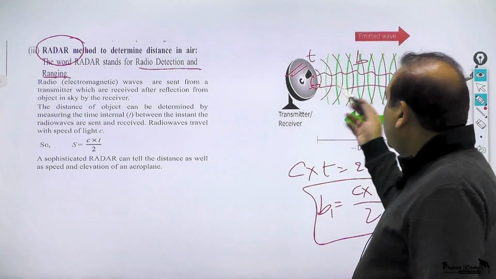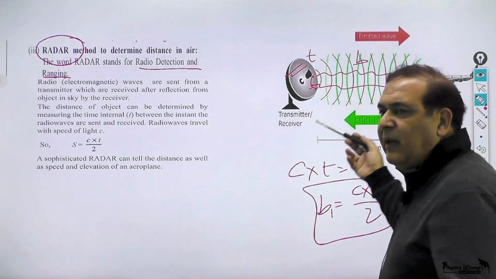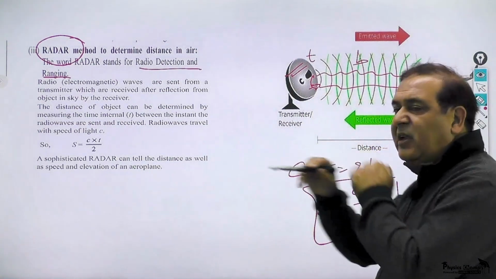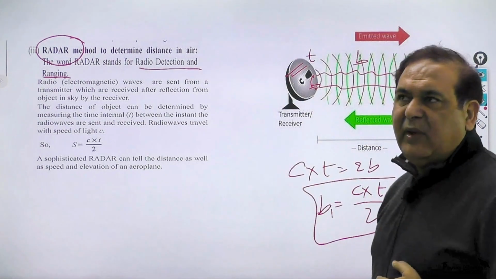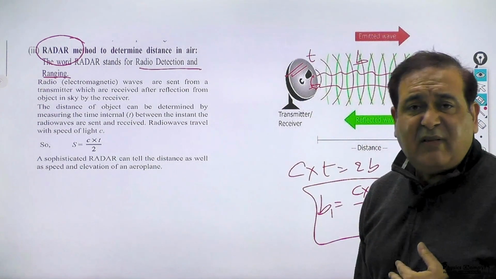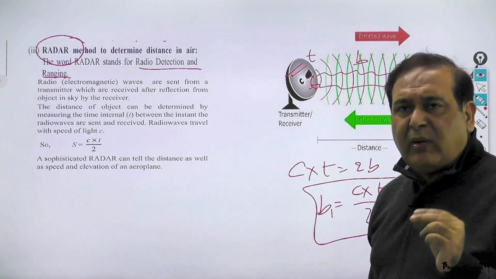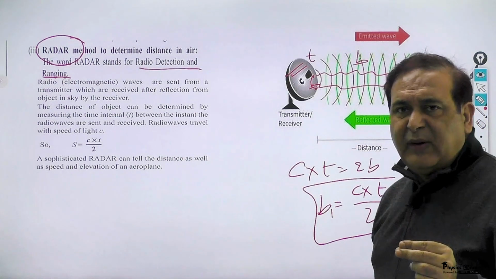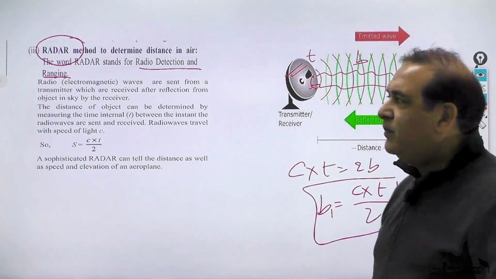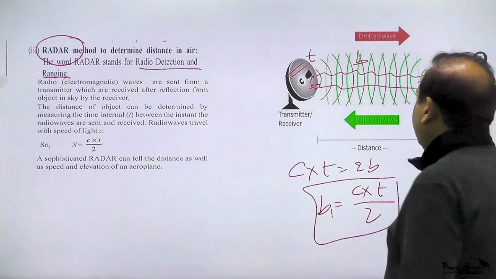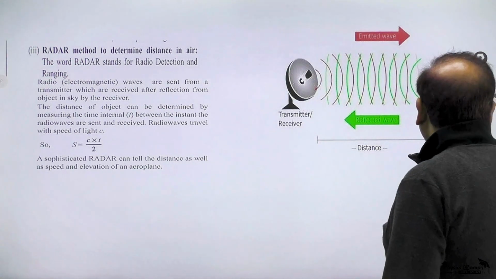So with a more detailed understanding of the distances, the angle at which the distances are changing, we can exactly find the location of it, the speed of it, and the angular displacement of this plane also. So that's how the radar method is used for finding the distance of a plane coming towards you.